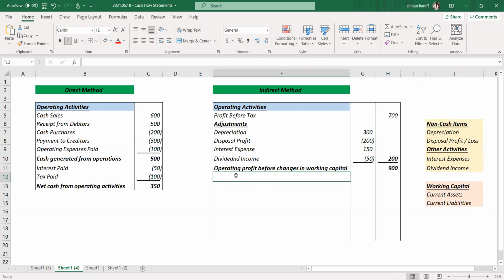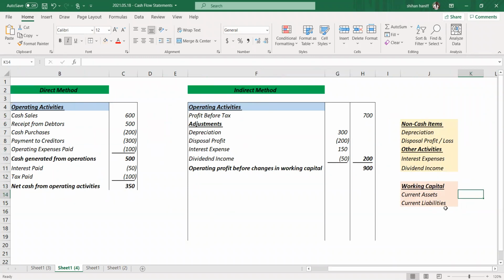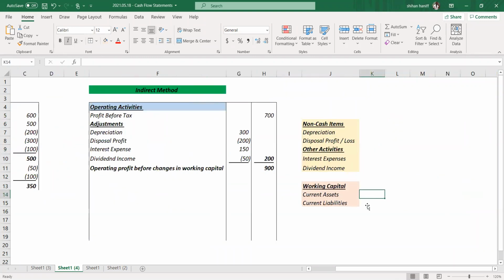So mainly there will be debtors, creditors, and expenses. And remember the relationship with cash.